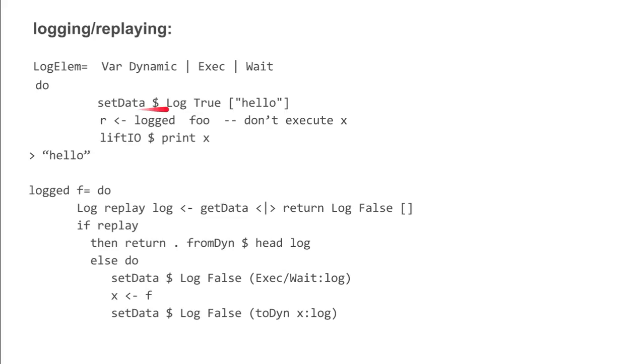How is logit defined? First, read the state, or the logging state. If not, it is initialized to something void. Replay is used to signal the computation that it must replay from the log. If this is true, the log is read.